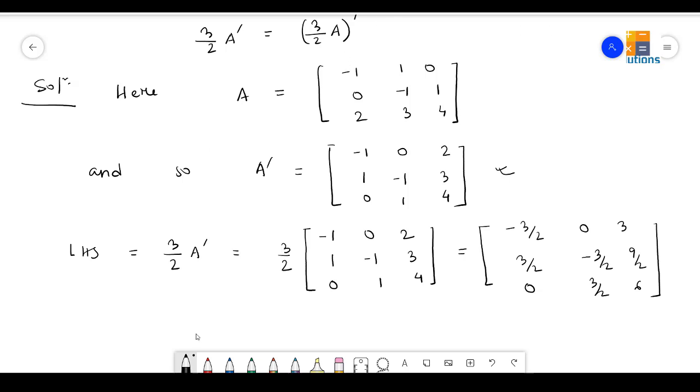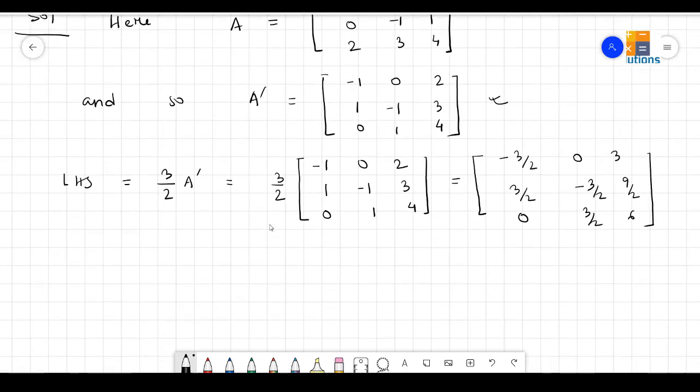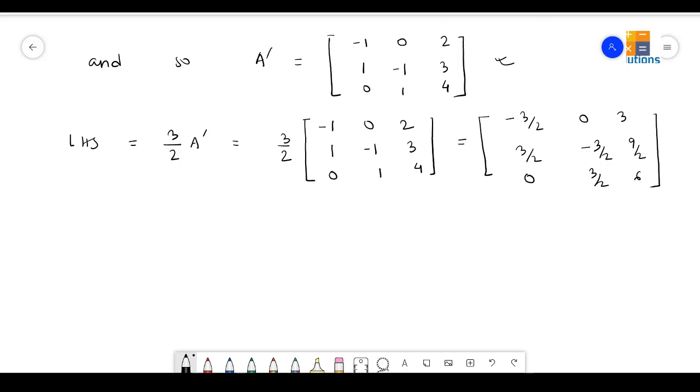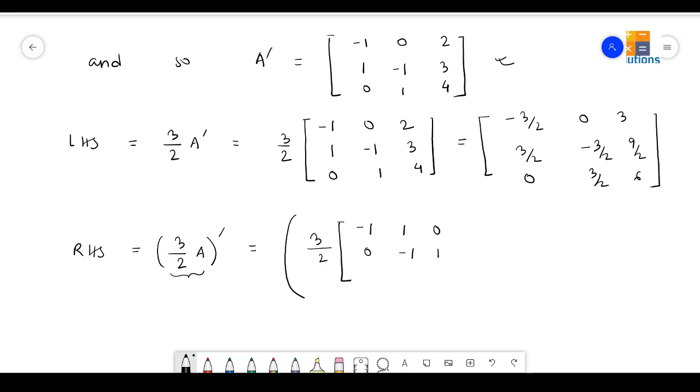So coming to the right hand side, I shall be getting the expression already given in the question. I have to put here 3 by 2 A whole dash, and for this, what is written within the bracket I have to derive first. That means 3 by 2 into the matrix A. The matrix A is -1, 1, 0, then 0, -1, 1, then 2, 3, 4.